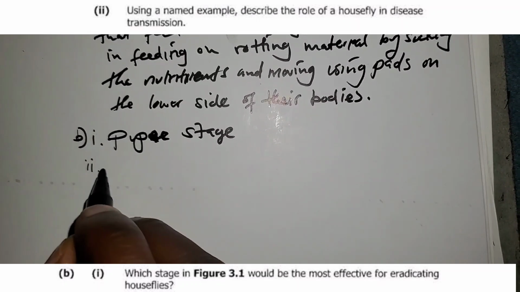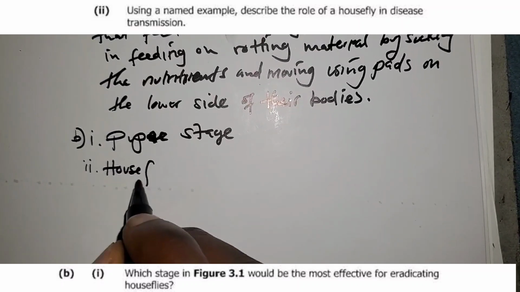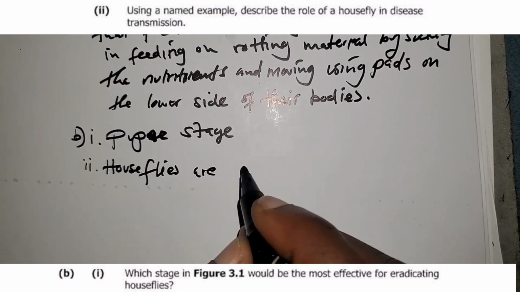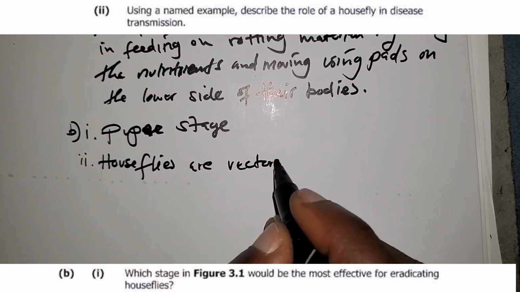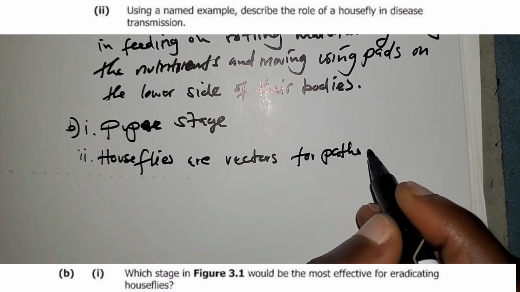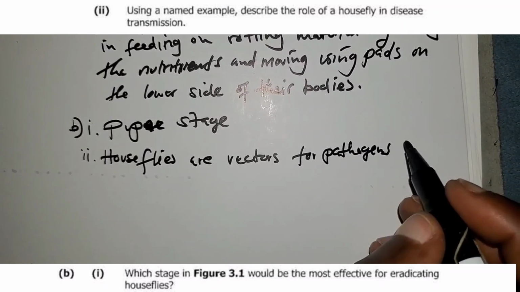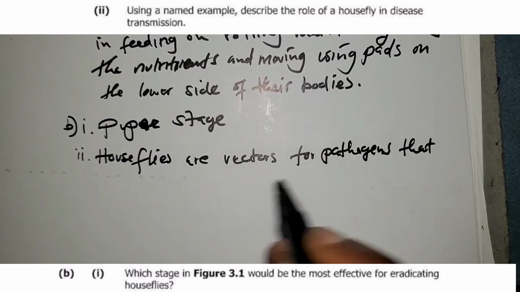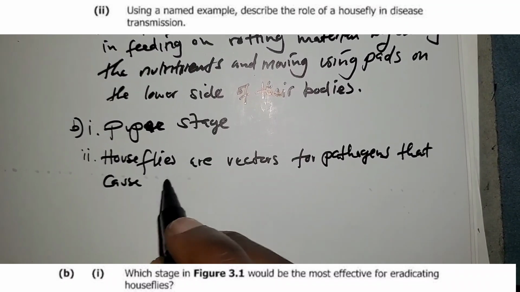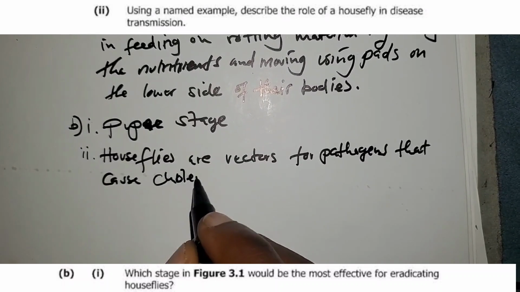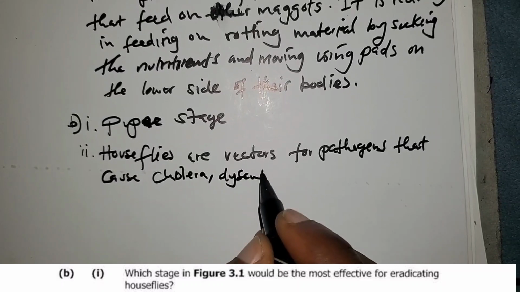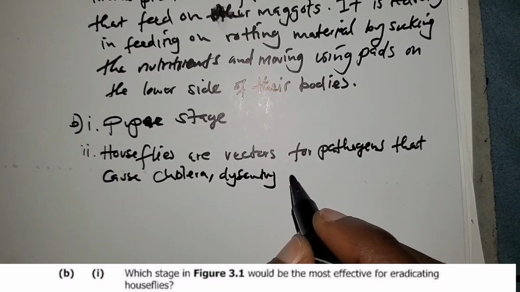So you can just say, houseflies are vectors for pathogens that cause disease. They cause cholera, dysentery, and also typhoid.